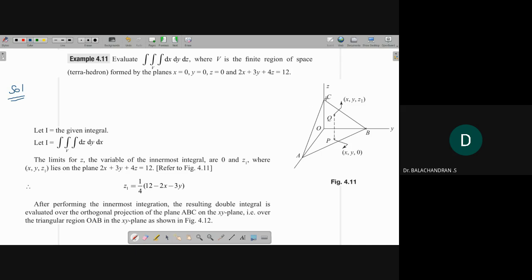So this is A, B, C. Well, actually you can see the tetrahedron here, and also draw the diagram.